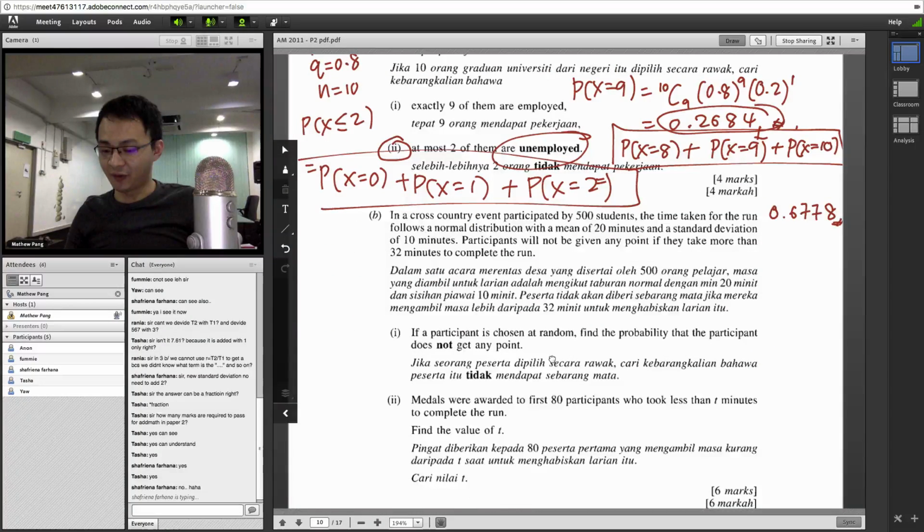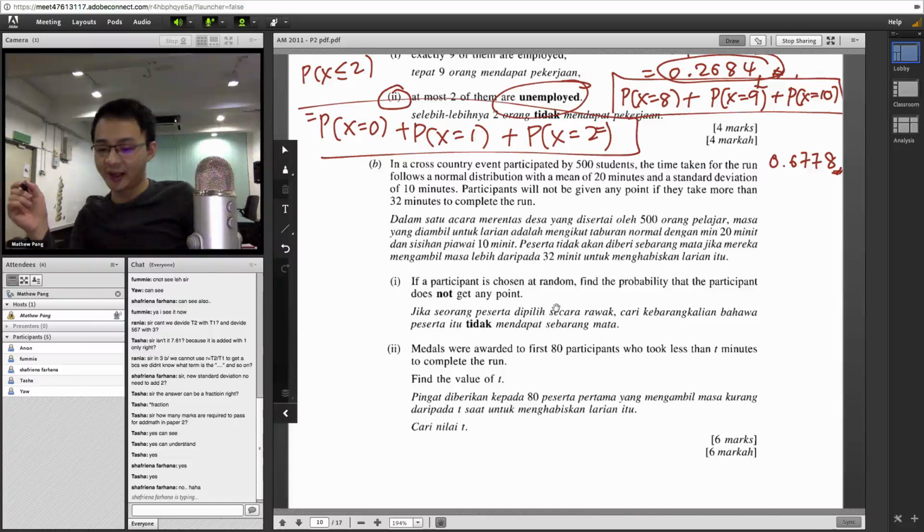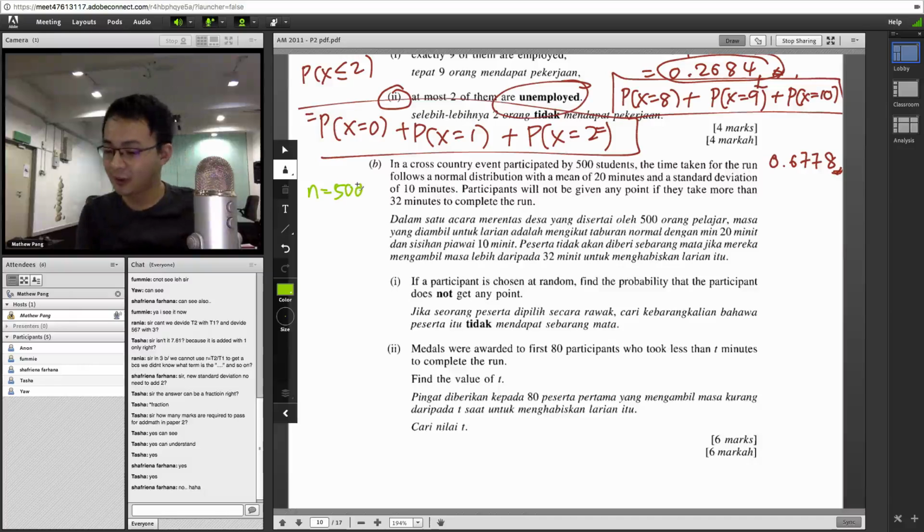Okay, for B, in a cross country event, the participation is by 500 students. So in this case, I know my n equals 500. The time taken to run follows a normal distribution.